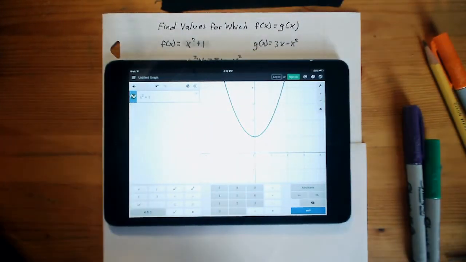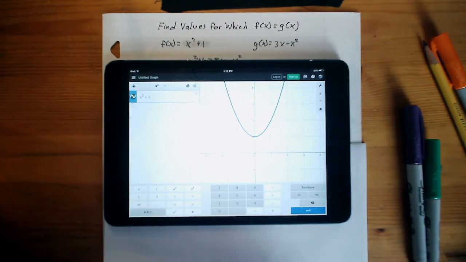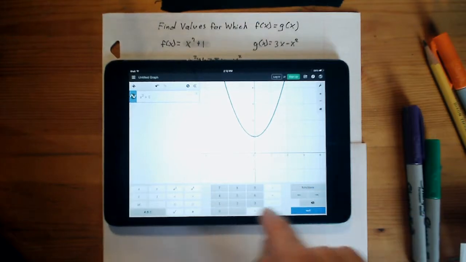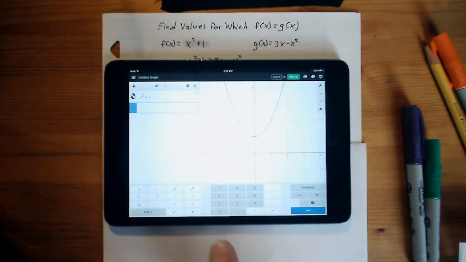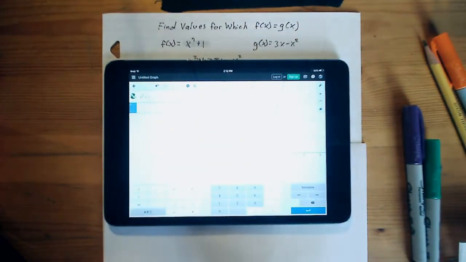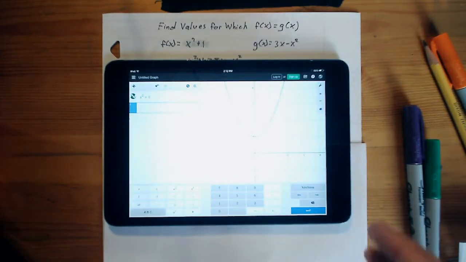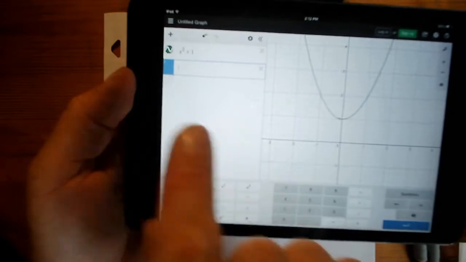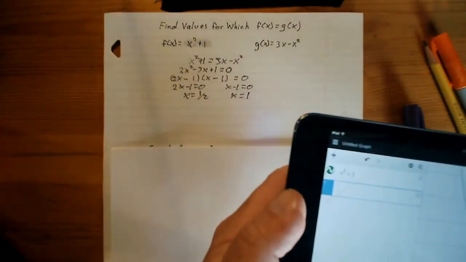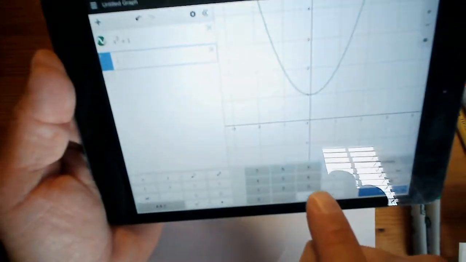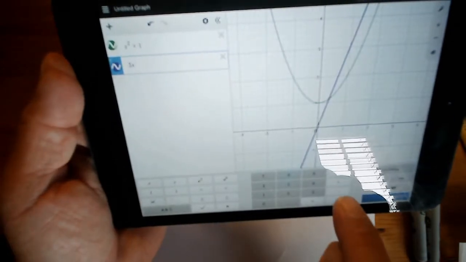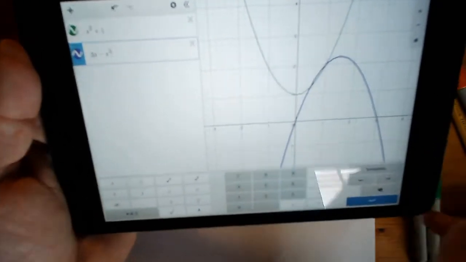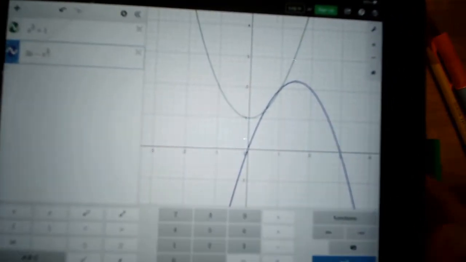X squared plus 1. I'll zoom in. There's one of them, and enter. It's not showing up. I'll bring it up here. So there's x squared plus 1, and the other one was 3x minus x squared. And now look at those graphs.